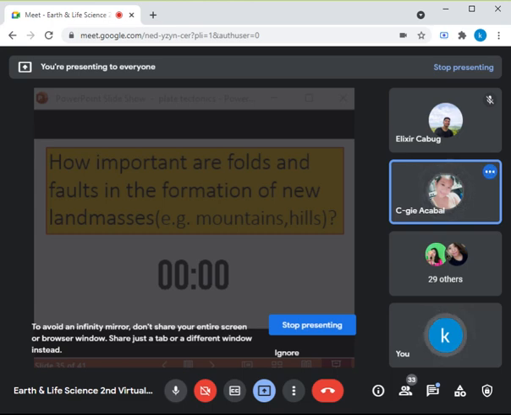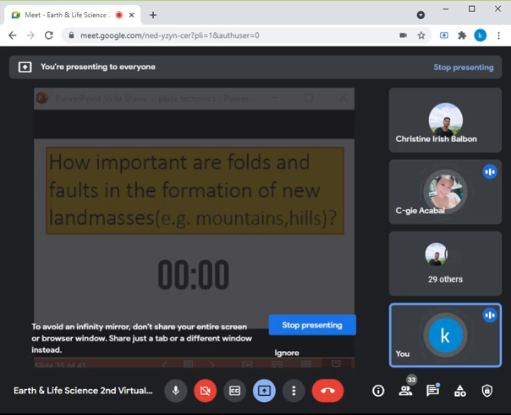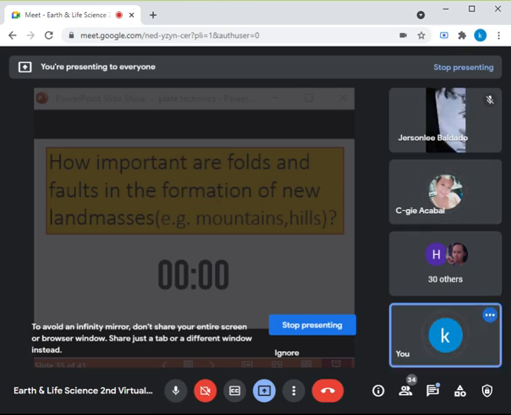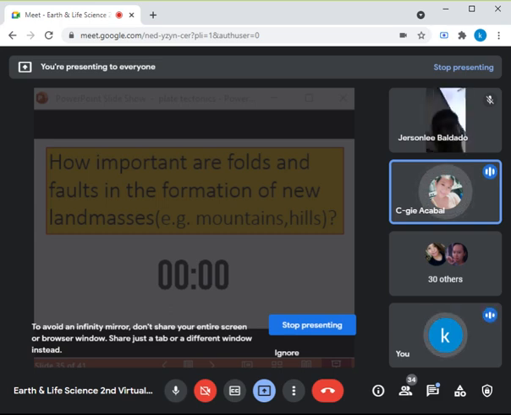It has something to do with the formation of new land masses, just like the mountains and the hills. Okay. Kisa to? Si? Okay. Kinsa pa? Another.